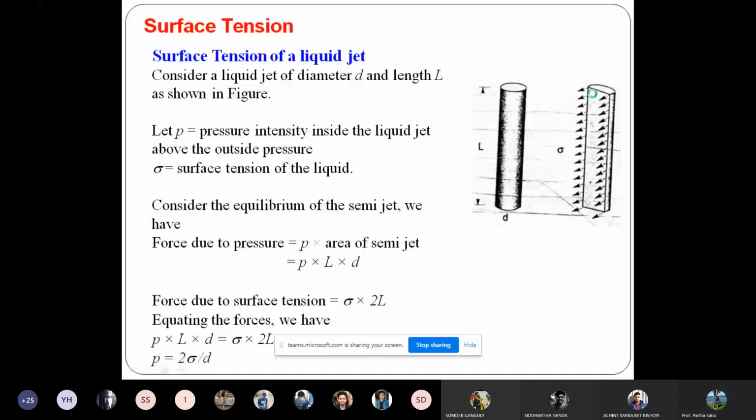If this length is L, and it is acting at the 2 edges, then that will be surface tension into length, that is surface tension into 2L. So that is the total force. If we balance these 2 forces, the expression will be P equal to 2 sigma by D. So that is the surface tension of a liquid jet.